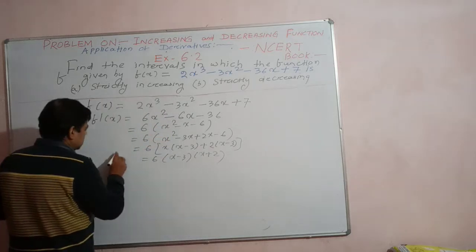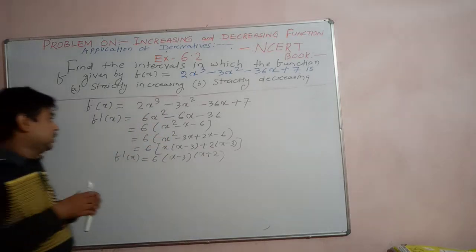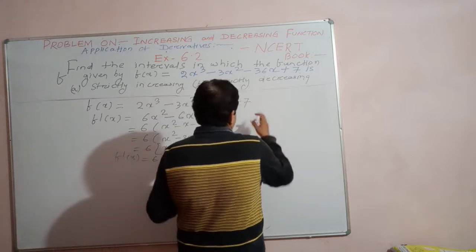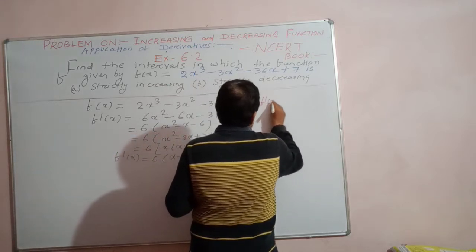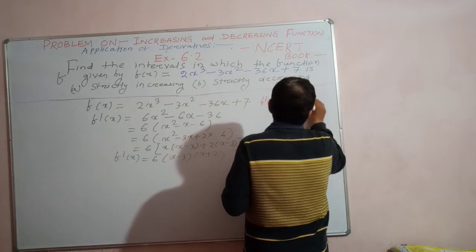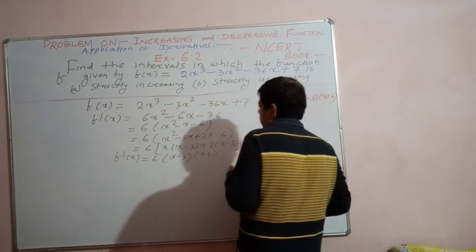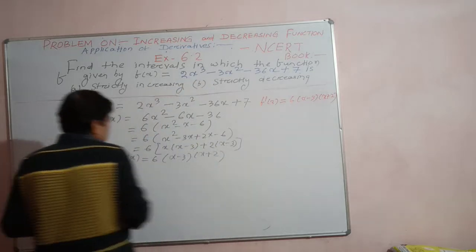We got f dash x, the derivative of the function f(x): f dash x is 6 whole into x minus 3 whole into x plus 2. Is it clear?